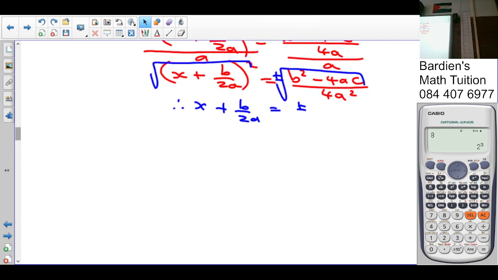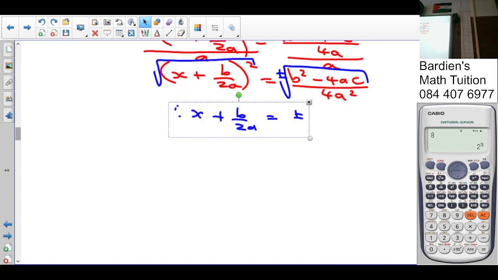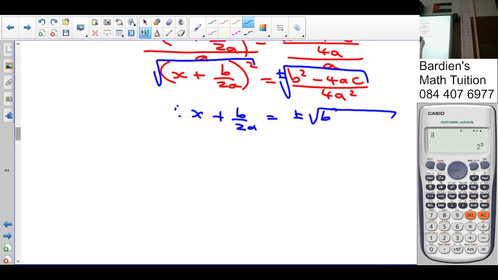Plus minus the square root of b squared minus 4ac over, what's the square root of 4a squared? 2a. You see the denominators are the same here.